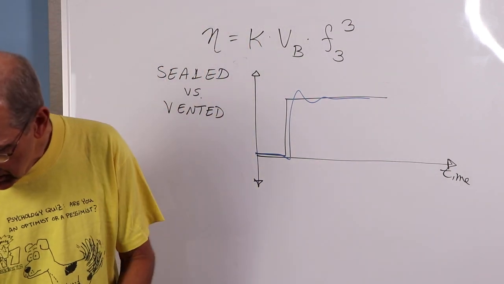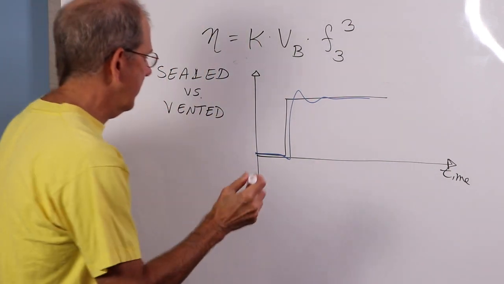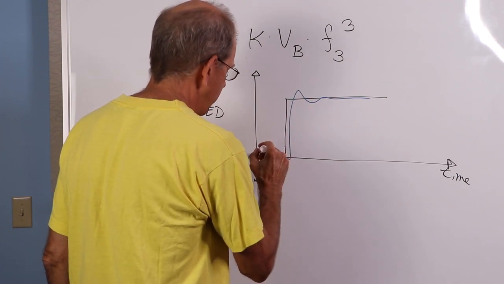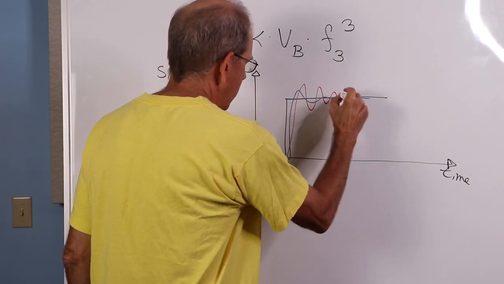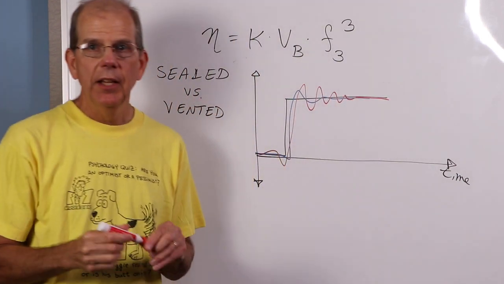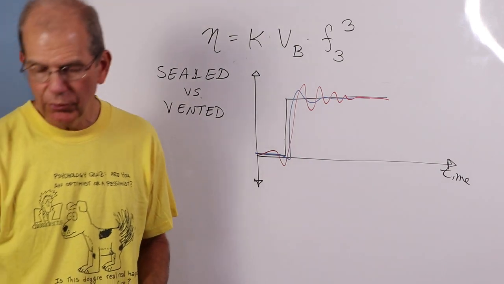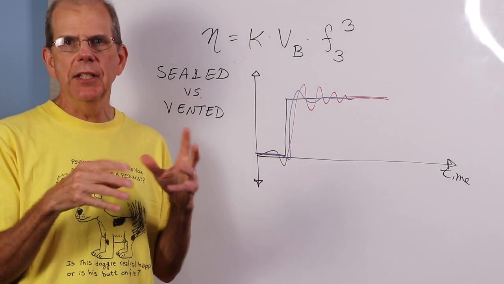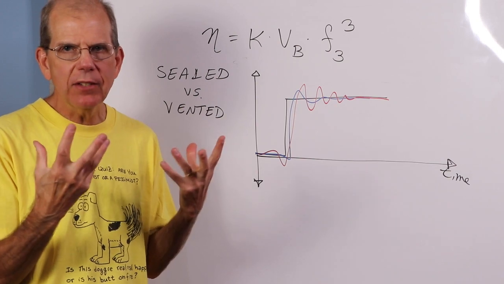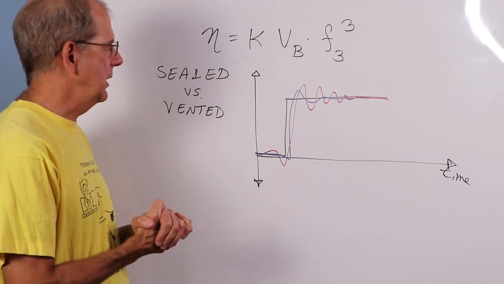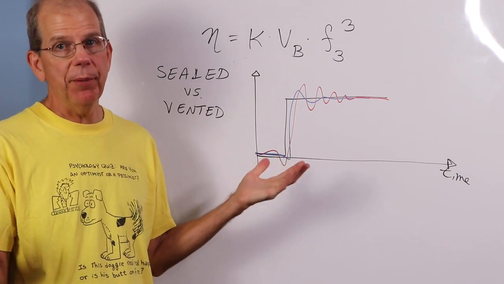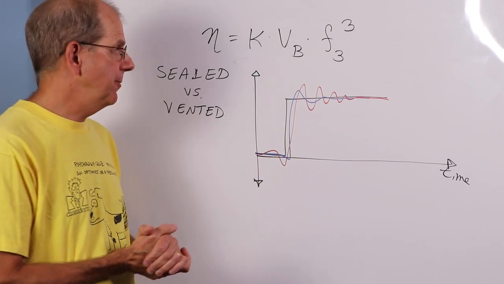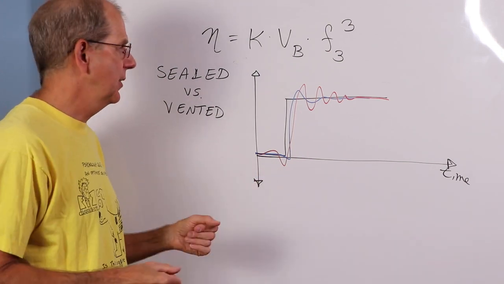The vented system, it's going to be worse. It's going to have more ringing, okay? That leads to sort of a boomy kind of resonant-y sort of bass quality that, generally speaking, you probably don't want, but it's a trade-off.